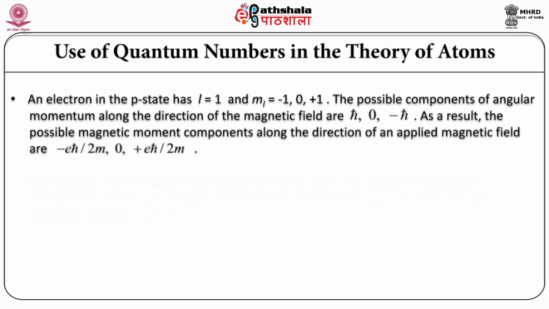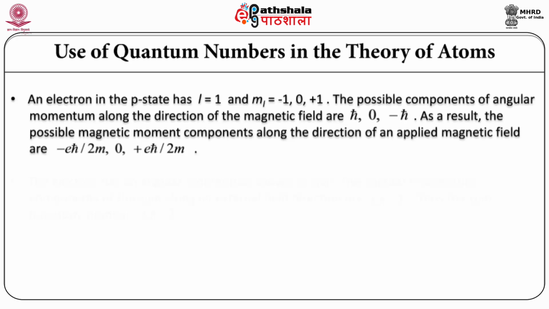An electron in the p state has l equal to 1. So, we again take an example. For this l equal to 1, what are the possible values of m_l? From our prescription that we had given earlier in slide 14, it is -1, 0 and +1.